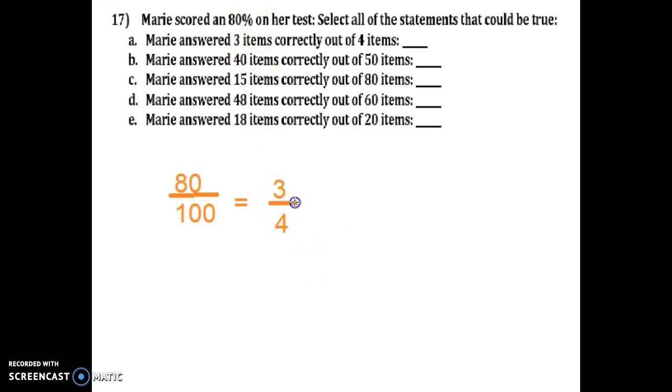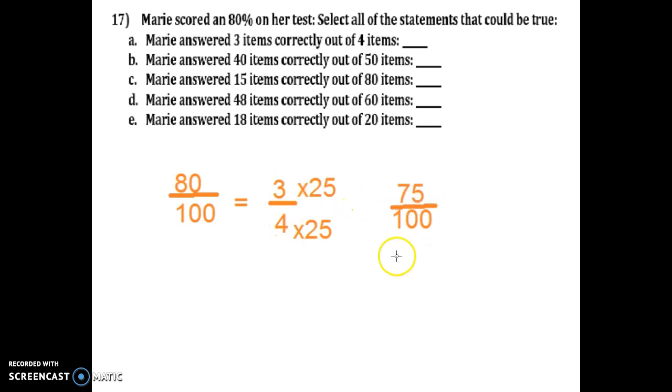Now the fastest way to get there, I think, is to figure out how can I get from 100 to 4, or how can I get from 4 to 100? Well, 4 times 25 equals 100, right? So then what is 3 times 25? That'll be 75, right? 75 over 100. You guys see what I did there?